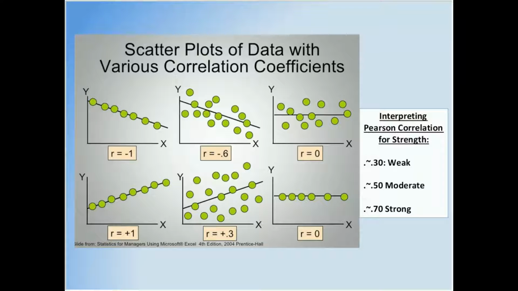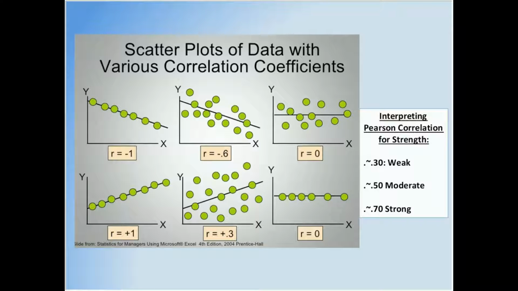Here are just a couple examples, if you were to plot your data on a scatter plot. So here you can see the first one, the R is -1, and right below that, the R is +1, and those indicate perfect relationships. In the middle, you have an R of -0.6, an inverse relationship, but a moderately strong relationship.